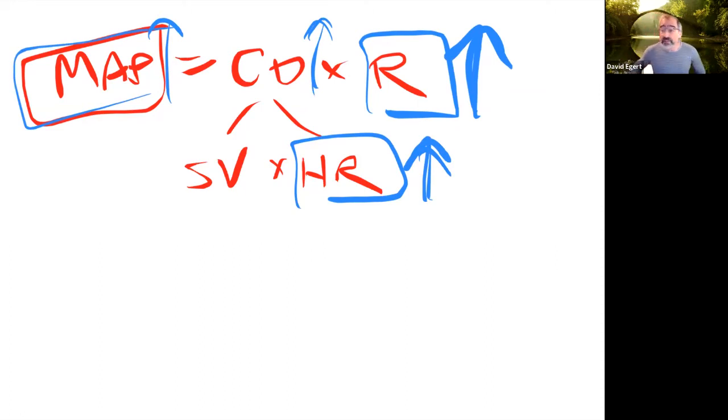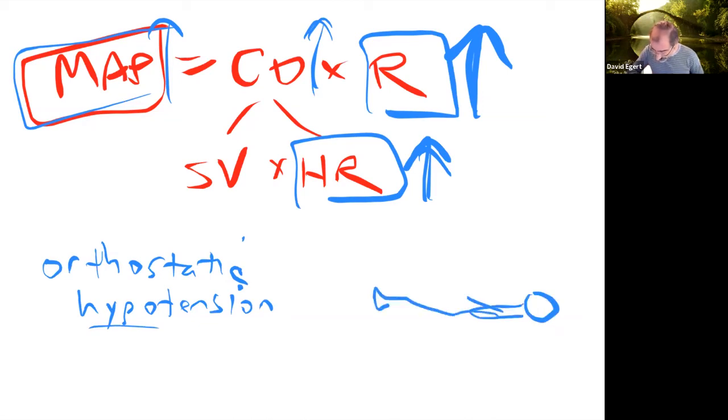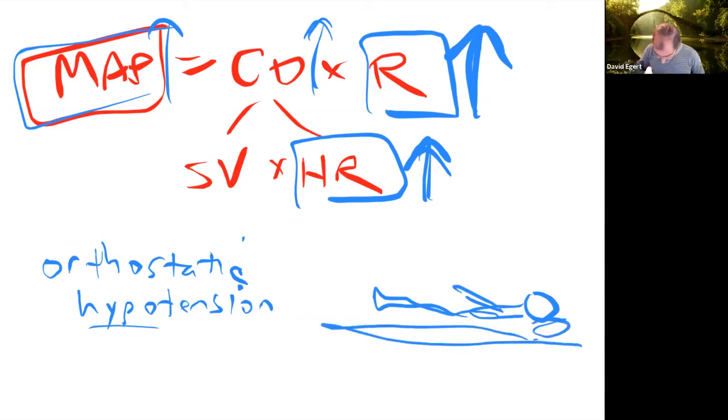A classic example of this is orthostatic hypotension. Hypo meaning lower. So if you're just hanging out, taking a nap, your brain is here, your heart is here.